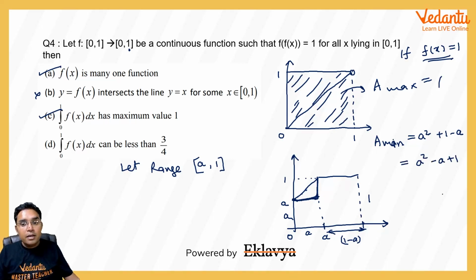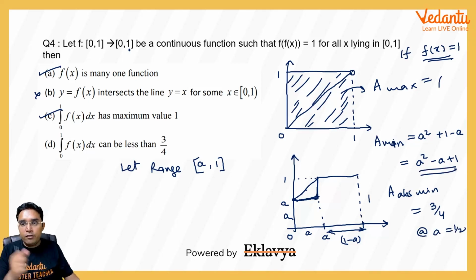In fact, if I have liberty to choose different values of A, then the absolute minimum will occur when we choose A as half. And when A will be half, we are getting this to be equal to 3 by 4, because it's a quadratic upward parabola, minimum value will be at A is equal to half.